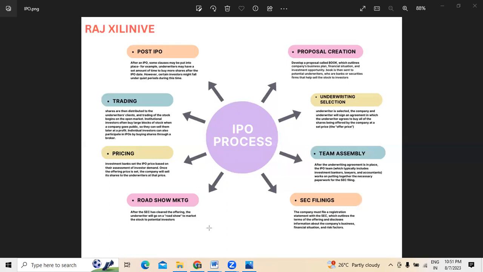This is where generally the first one, which is called proposal creation, will be done.